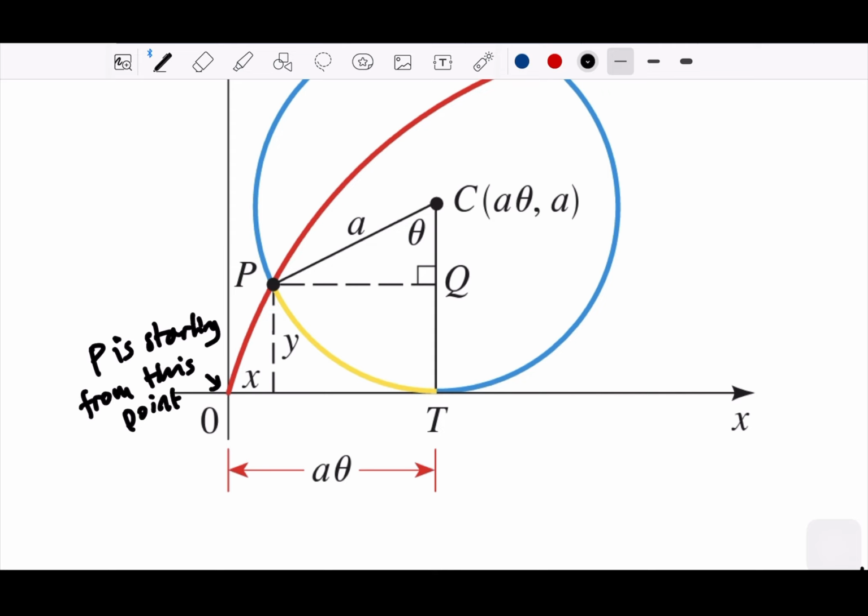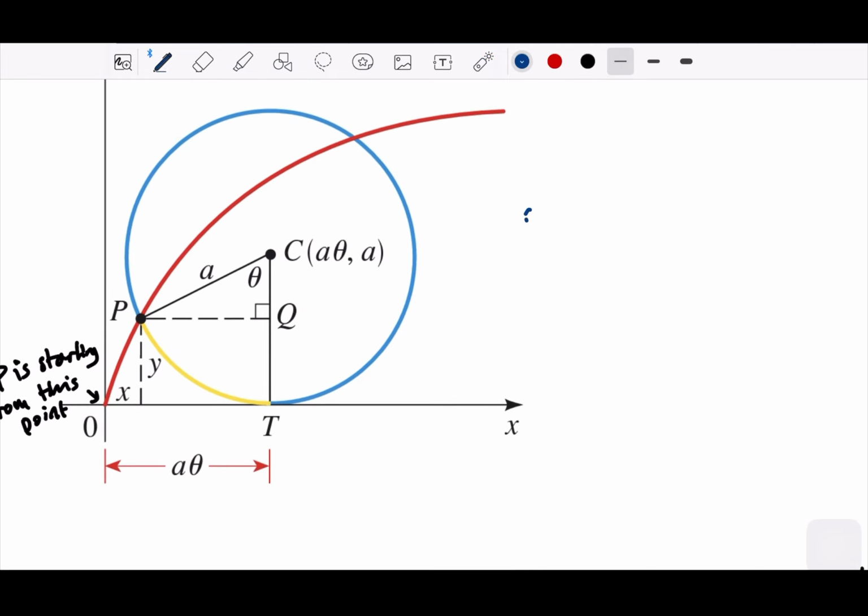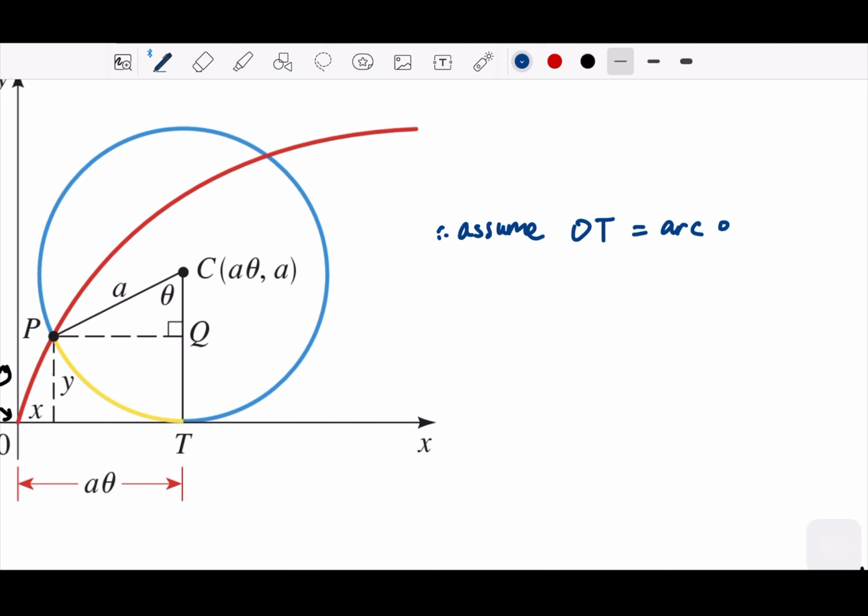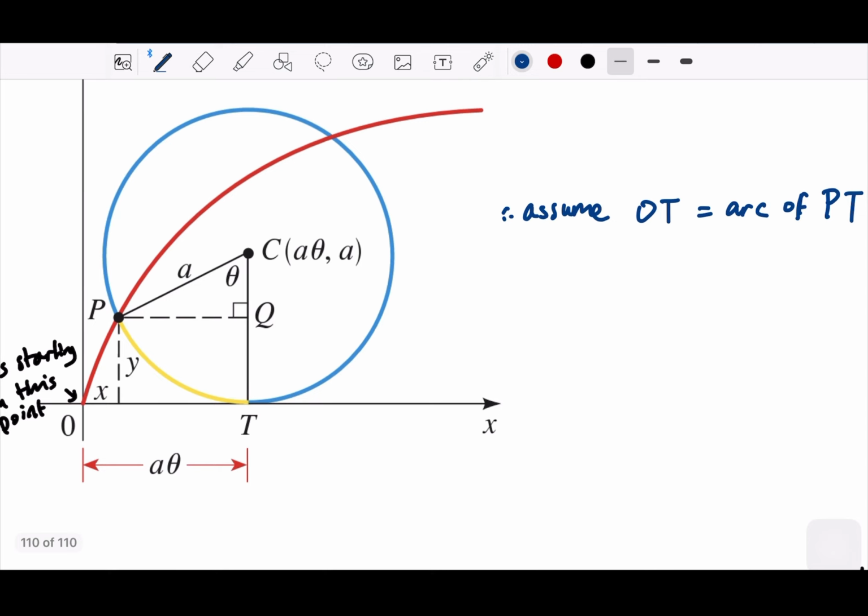Which means that all of these yellow lines are touching the straight line 0 to some T here, right? So the first assumption that we are going to make is that OT is equal to the arc PT. PT is the yellow line like that.